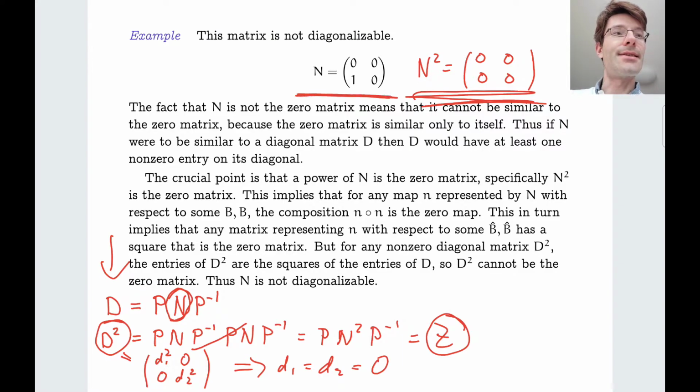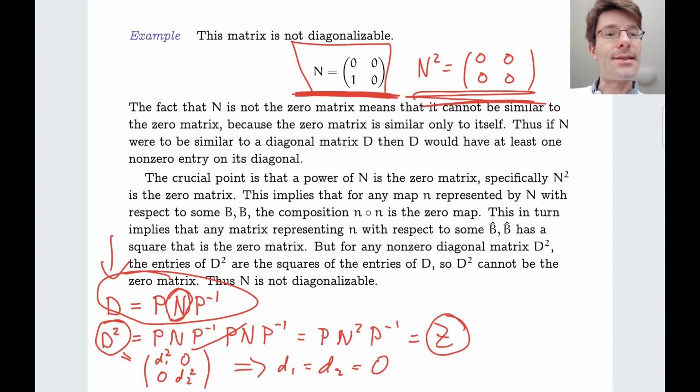But N is not the zero matrix, clearly. So we have a contradiction to our assumption that there is a diagonal matrix D that satisfies this equality. Do read this argument in terms of maps, which is in some sense perhaps slightly more elegant.